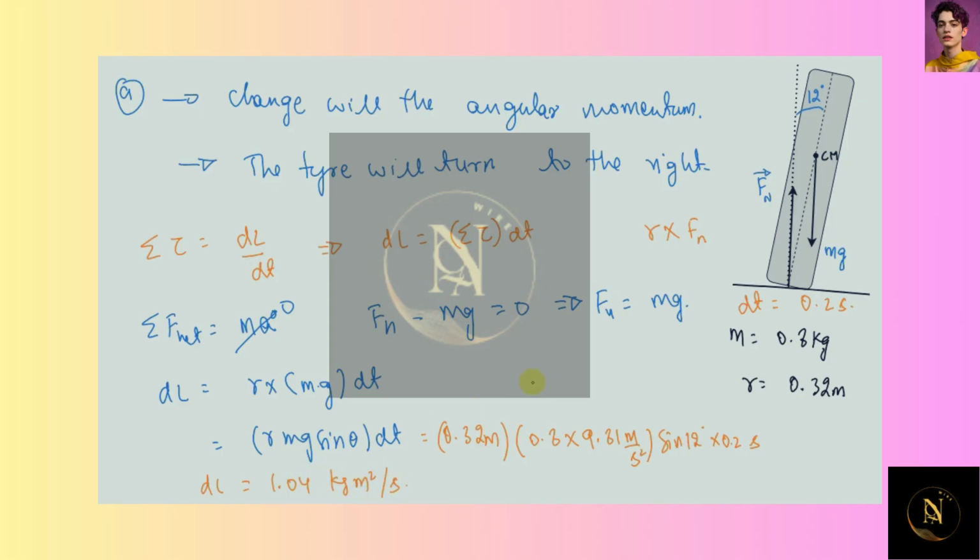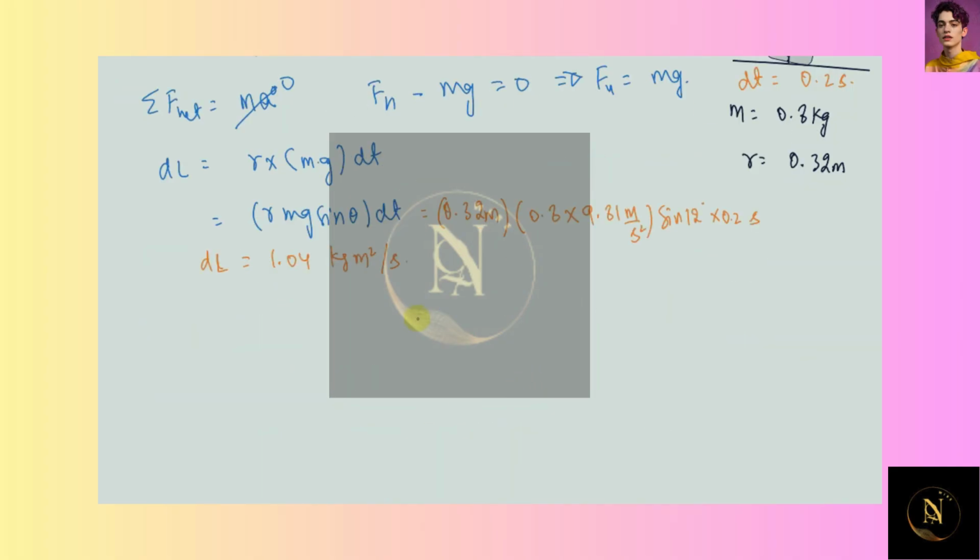Now next we'll be calculating the magnitude of the original angular momentum. The angular momentum is also defined as L equals I omega. So I, we know it is given in the question as 0.83 kg meter square, and omega is V over R in this case.